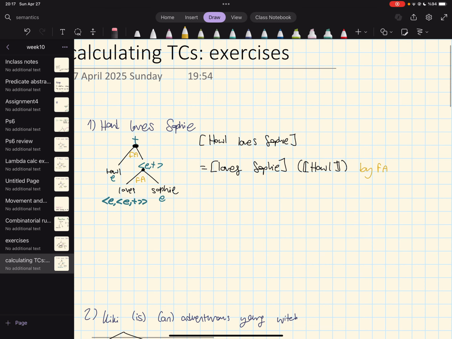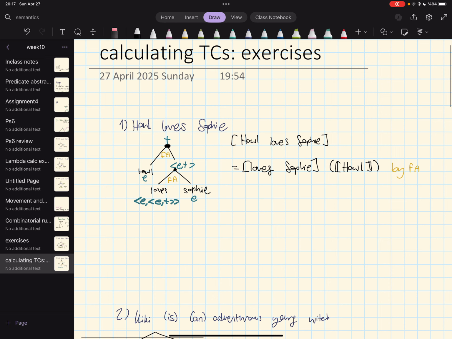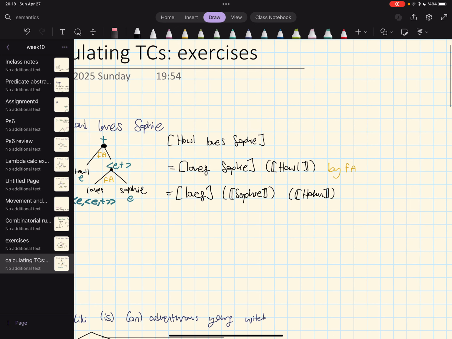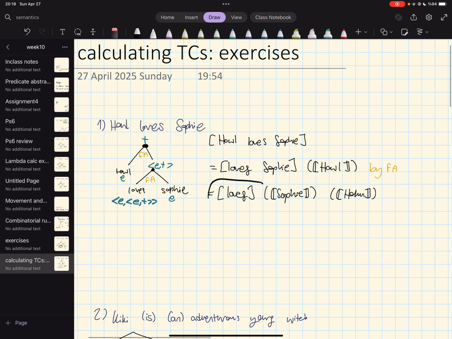By FA. Now, what I'm going to need to do is factor out Sophie, because it is the argument, while loves is the function, so I'm leaving loves alone. And I'm factoring out Sophie, which is another entity. So Sophie here, Hall here. As you can see now, I have my predicate and two arguments.